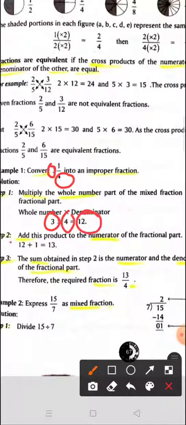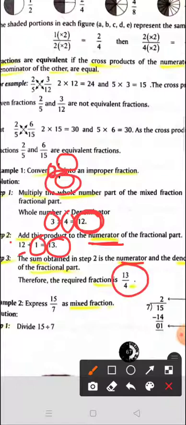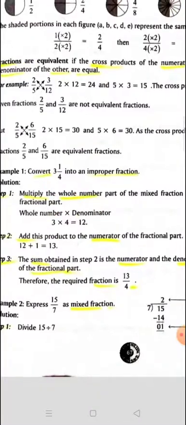After that, step 2, add this product to the numerator. The numerator is 1, so you add 1 to the product and you get 13. Now this is the numerator, and the denominator of the fractional part stays as it is. Now it has become the fraction. These are all the steps.